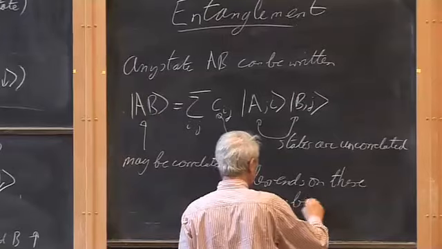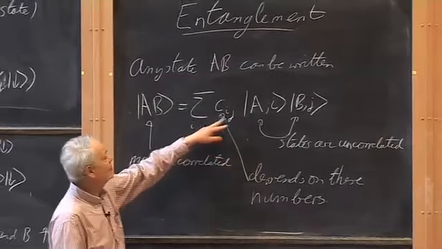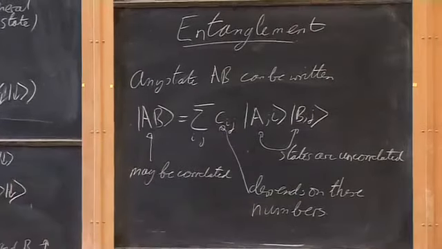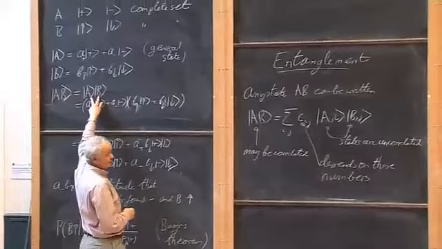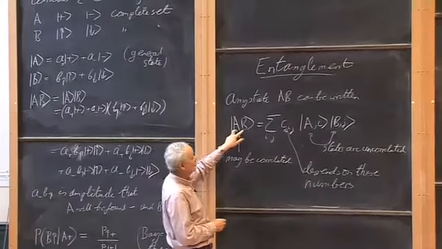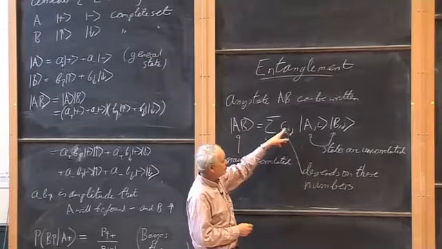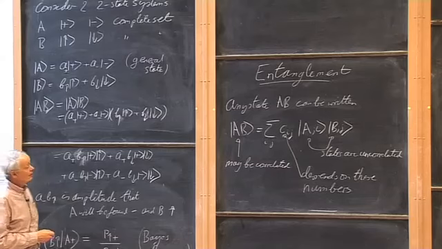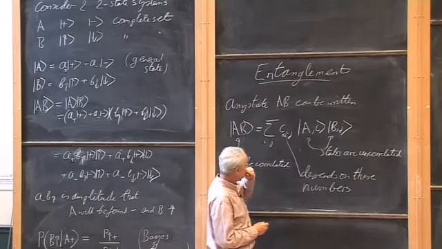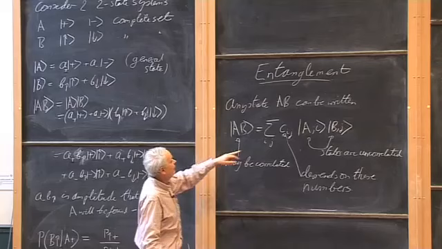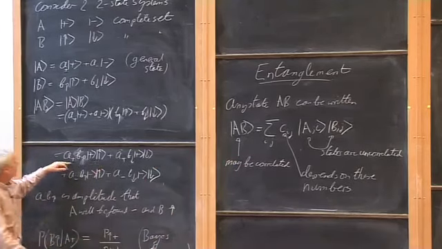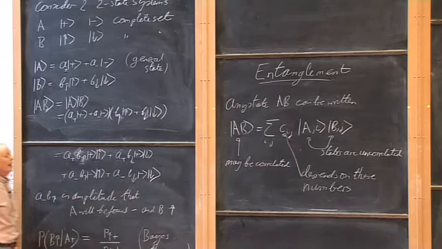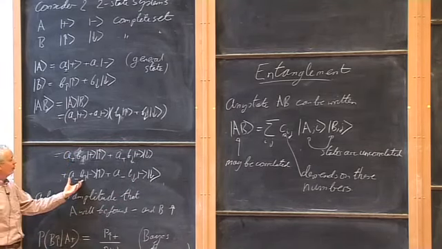Now, we haven't got time to go into what property of these numbers ensures that you can do a decomposition like this into uncorrelated states, which makes this state uncorrelated. And when they are correlated, you can find a complete account of it in the book, and there are problems investigating this. But the point is that in this concrete example here, this is one of the C's, this is another of the C's, and these C's are not general.